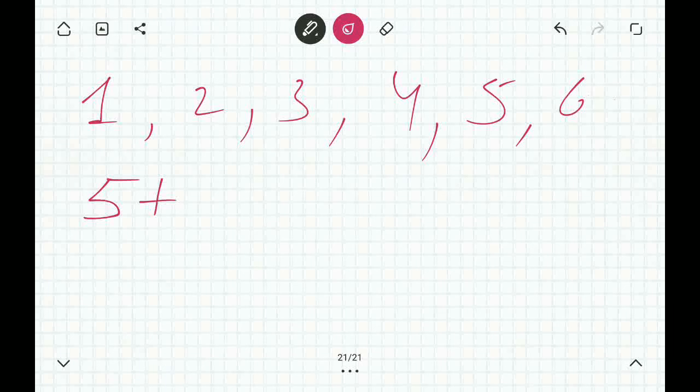So you can regard the die as a binary event which either gives you 5 plus, which is 5 or 6, or less than 5. So 1, 2, 3, and 4. So what we are doing, in fact, is we are grouping those 6 outcomes into 2 groups and regarding those 2 groups as 2 outcomes that we are interested in.